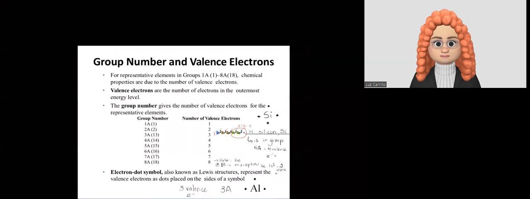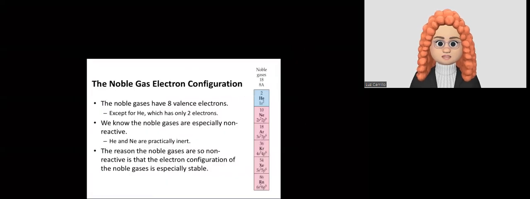Now, another type of notation that could be utilized to describe elements in the periodic table is the noble gas electron configuration. Noble gases, as I just mentioned, have 8 valence electrons except helium. When we have the full electron configuration for an element, we can actually shorten it to represent specifically the noble gases that are represented within a full electron configuration.